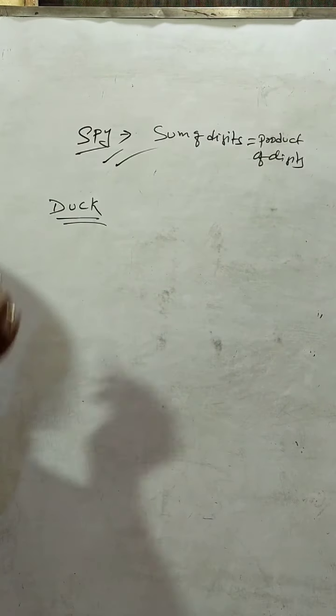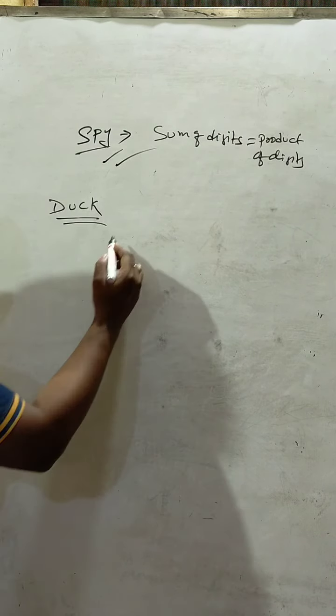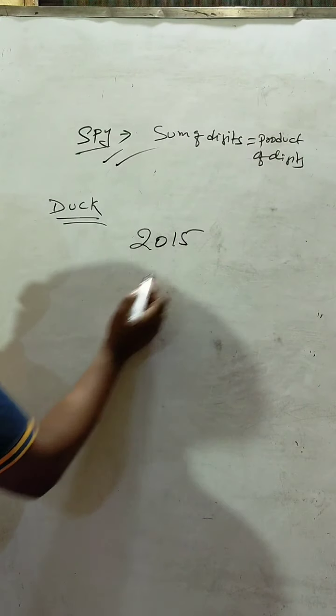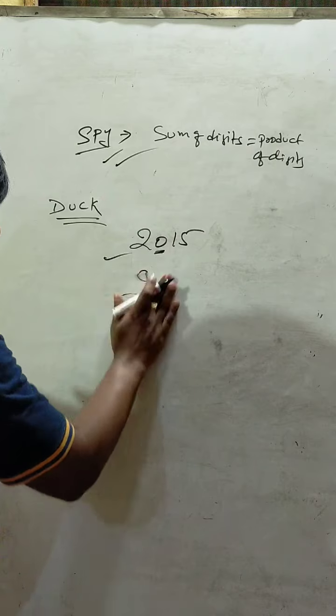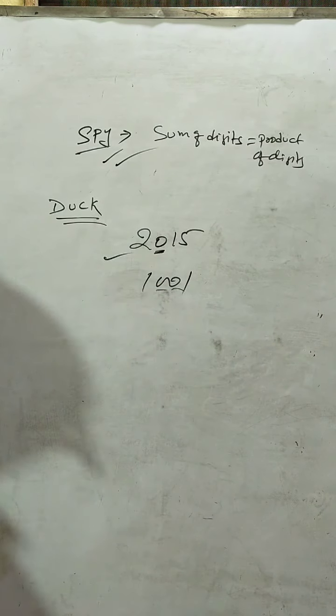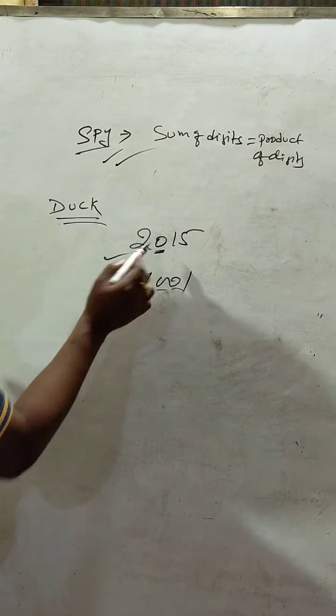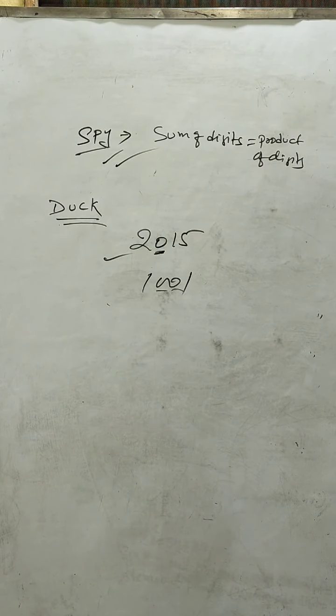Duck number. If a number contains a 0 in it, it is called a duck number. See the example 2015. 0 is here, therefore it is a duck number. 1001. Zeros are here, therefore it is a duck number. Next is zero nil number.